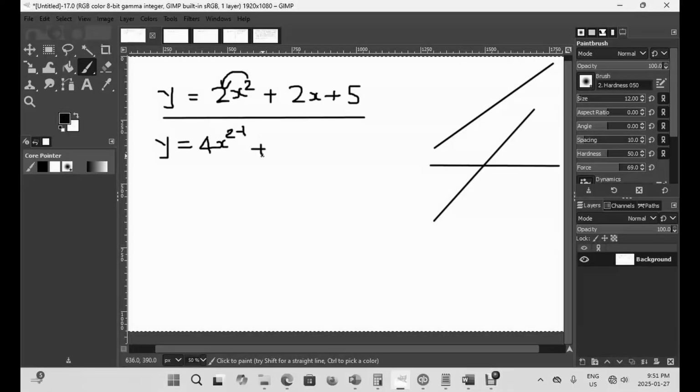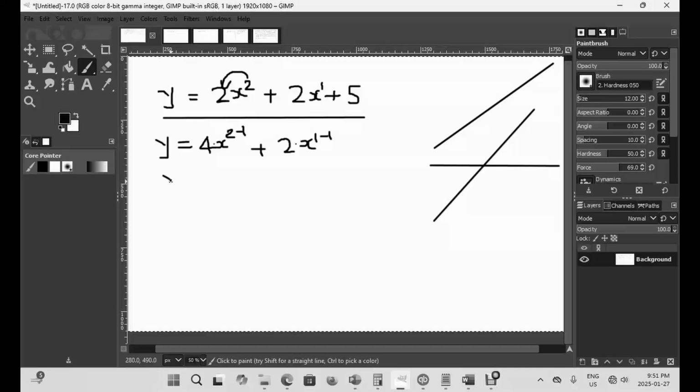The same goes with the second term. Let's say this is x raised to 1, so this will become 2 times x raised to 1 minus 1. And plus 5 does not count, which means we'll leave it as it is.